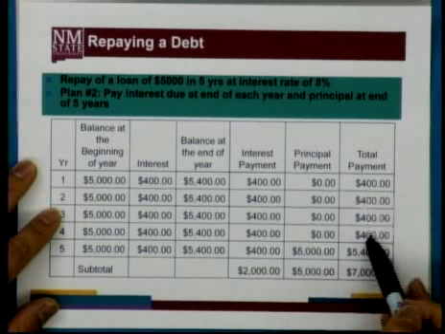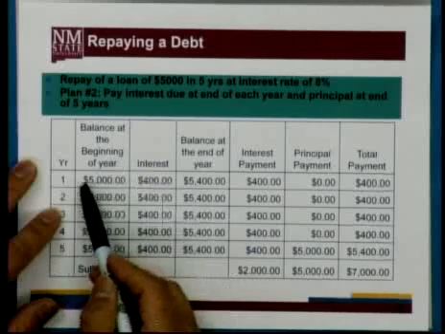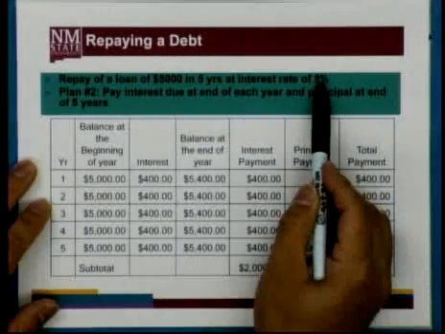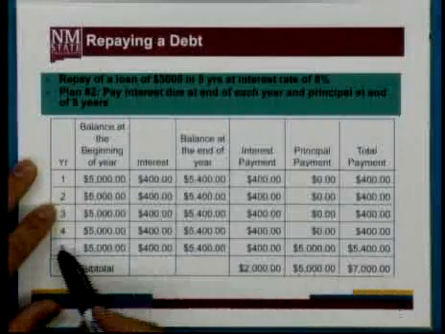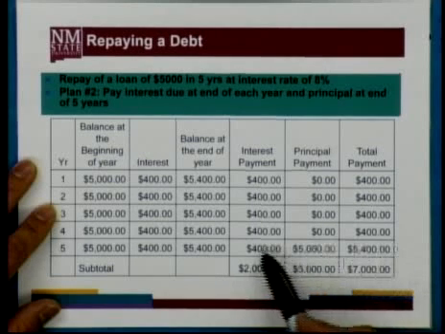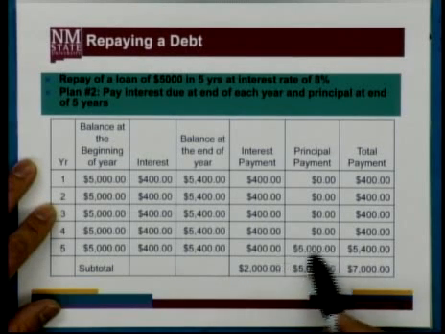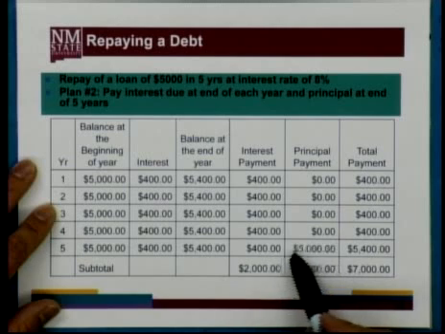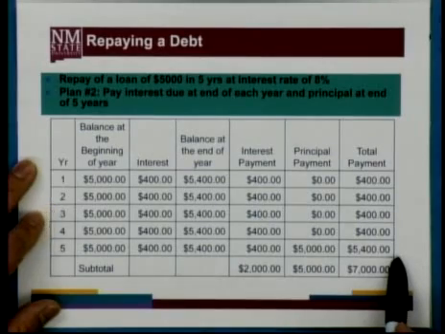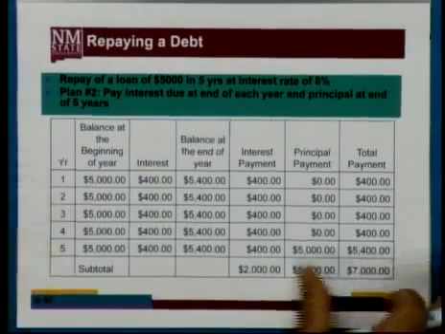And this number 400 is from the $5,000 times 0.08, right? And at the end of year 5, the payment is 400 plus the original principal amount, which is 5,000. So it's going to be $5,400 at the end of year 5.